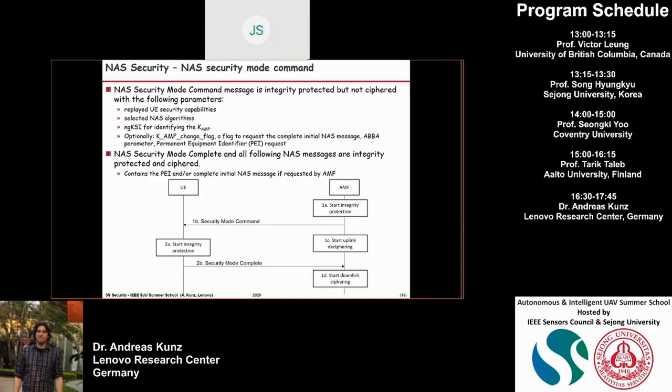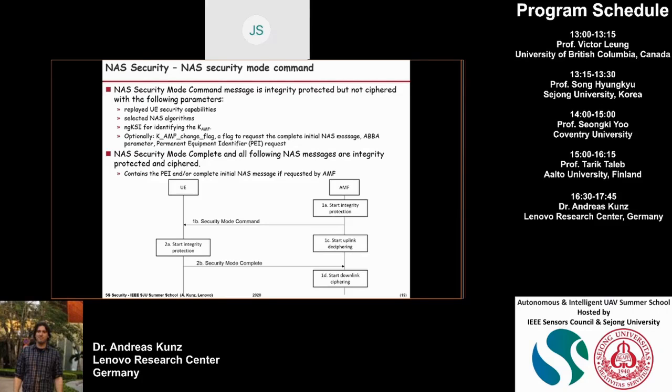And then we have the selected NAS algorithms. You have the key set identifier so that the UE knows which KAMF to use. And then it can set a flag to request the complete initial NAS message. And there may be this anti-bidding down parameter, and it may be a flag to request the permanent equipment identifier.